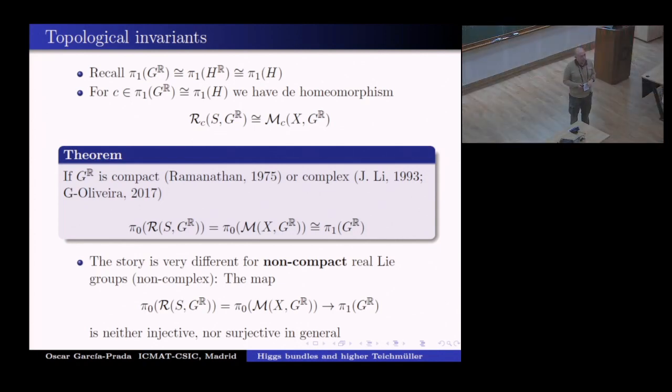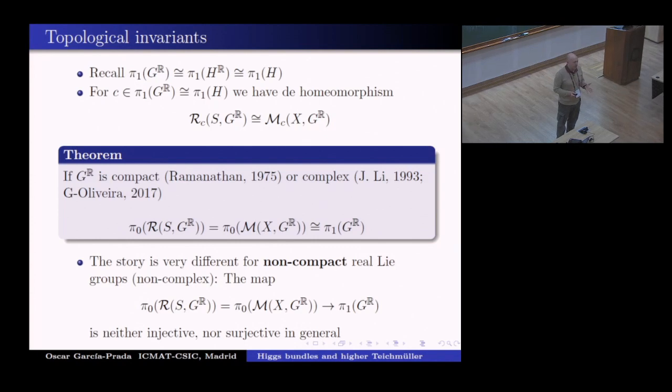What is the difference? The difference, as usual, is that the statements about linking to representations is not representations of the fundamental group, but rather some universal central extension of the fundamental group, right? For example, if you take GLNC, you are not interested only in the bundles that have degree 0. You may want to have arbitrary degree. And of course, those do not correspond to representations of the fundamental group because automatically the degree would be 0, right?